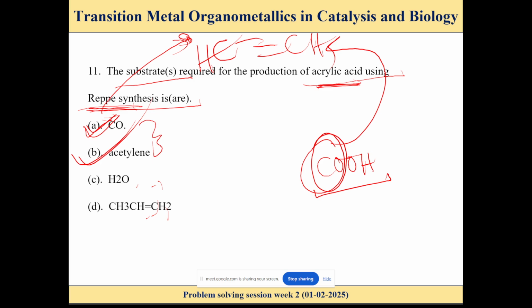For the final workup to give the acid, we require H2O. So options A, B and C, these three options are correct for this question. And this CH3CO2 you can eliminate first, because this is alkyne chemistry for acrylic acid, so it cannot be the substrate for making it.